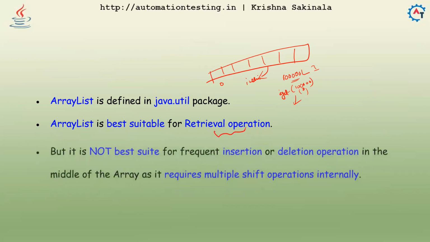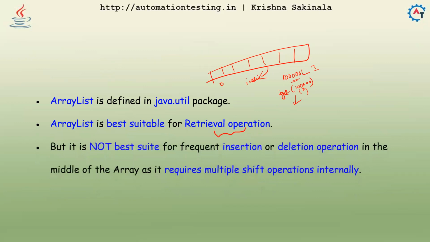But it is not the best suit for frequent insertion or deletion operations in the middle of the array, as it requires multiple shift operations internally. So what happens? Let's assume you have an ArrayList with 1, 2, 3, 7, 8, 9.